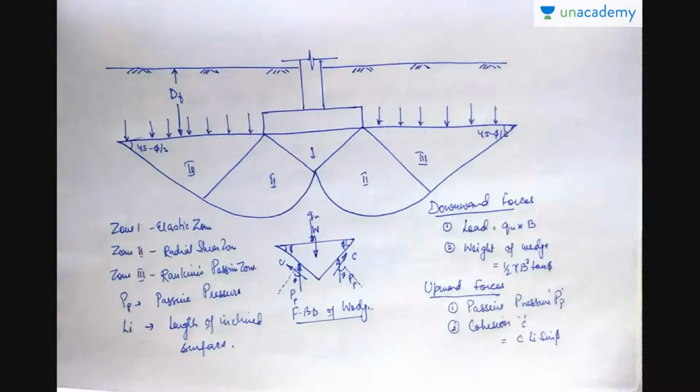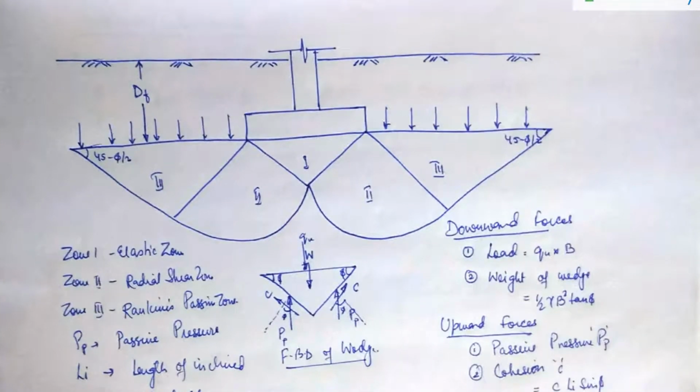Now here is the arrangement. Suppose this is your footing. This is your ground level. This is going to be the depth of footing. And these are the different zones under the action of the vertical load. This is your loading, which is uniformly spread over the area.